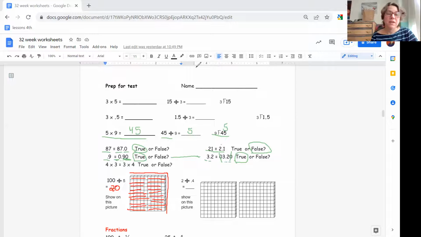But how do you know, right? Might be easier. You have to show your work, so make sure you show.